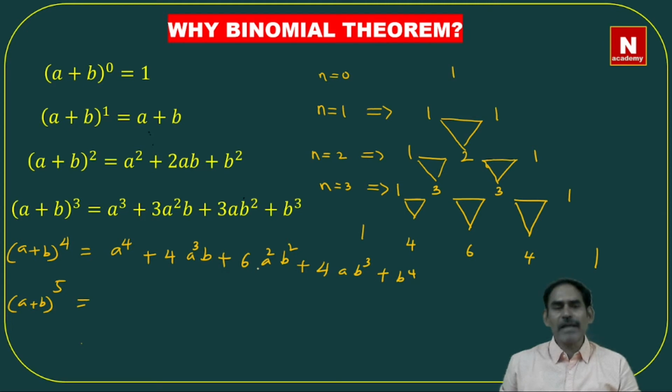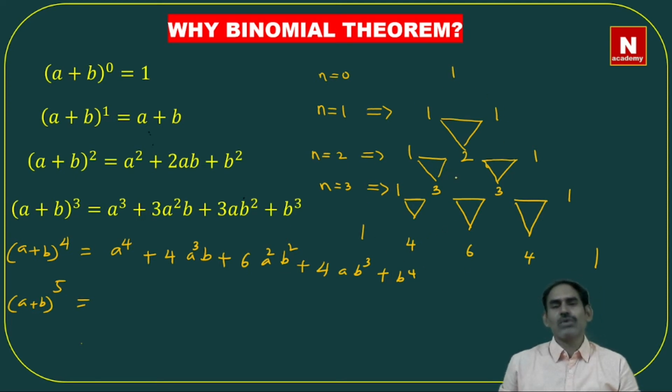If you observe the pattern here, the powers of a are decreasing: 3, 2, 1 and 0. The powers of b are increasing. According to that, I am writing. The same pattern is followed in the expansion of (a plus b) whole power 4, but we are finding the coefficients from this triangle.